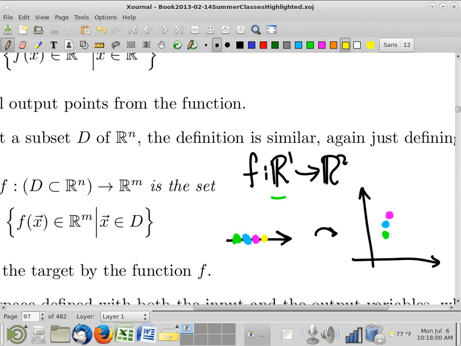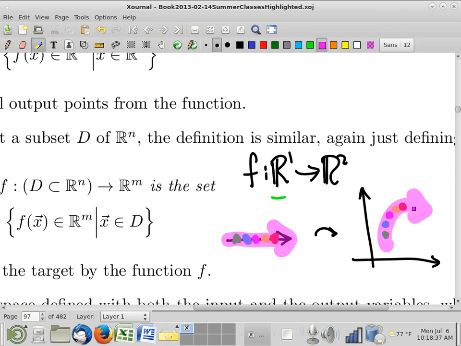Nearby input, nearby output. Let's see, I'll draw one more. Nearby input, nearby output. Okay, so the idea here then is that as I move along in the domain, you'll notice I'm kind of creating a little curve in R2 in the output.